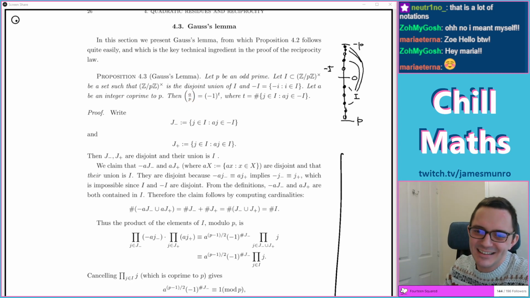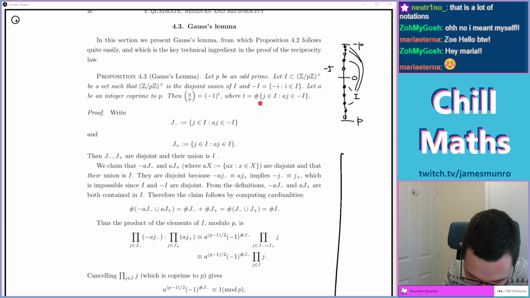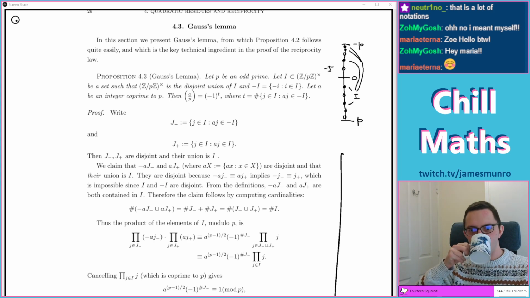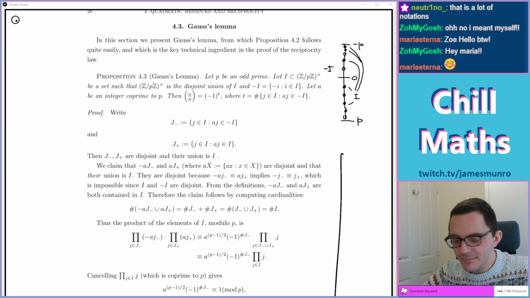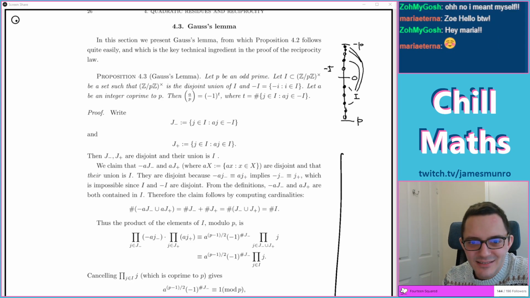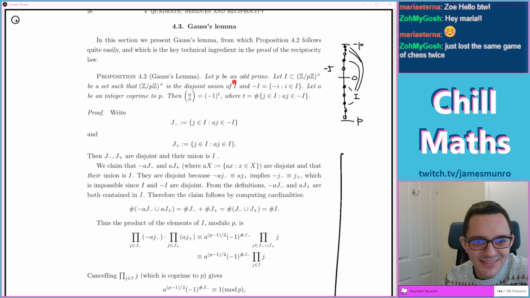-1 to the power of T, where T is the number of j in I such that, oh my goodness, aj is in minus I. What on earth, Gauss? What on earth? You want me to take... This is true for any set I. The set I... Oh no, yeah.